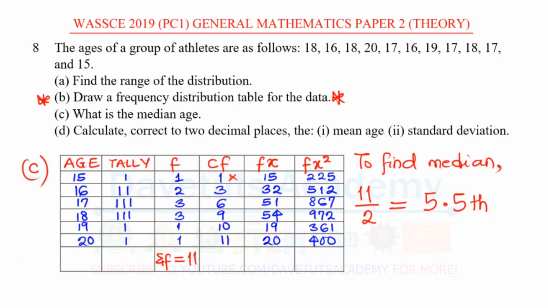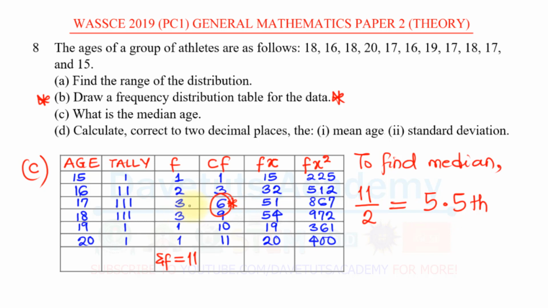Then next, we can see that the cumulative frequency is 3, definitely the 5.5th position is not occurring there. But if you look at this particular 6, where the cumulative frequency is 6, you can see that the 5.5th position is falling in that particular case.